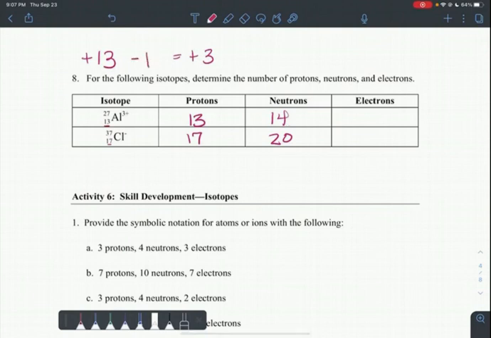What you're going to end up with are 10 negatively charged electrons instead of 13, because a positive 13 and a negative 10 give you a positive 3. Chlorine, we're going to want a -1. So we have a positive 17, so we need one more negative charge. So that's going to be 18 electrons, right? Okay.